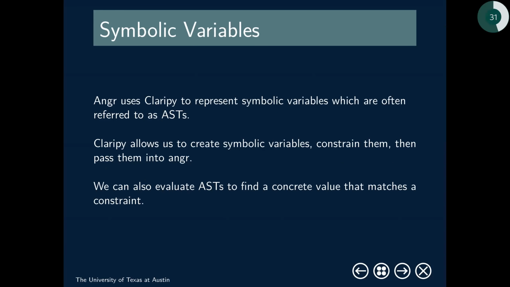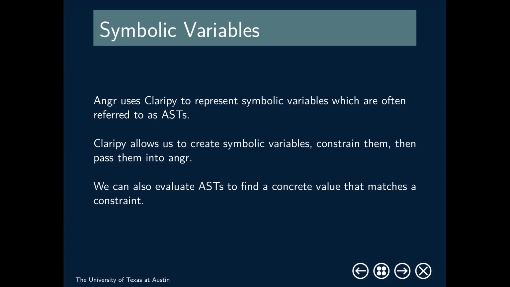Yeah, so the way that Angr actually does this is it uses another Python library called Claripy, and Claripy allows you to create symbolic variables. These are often referred to as ASTs. This is another term borrowed from compiler theory. There's reasons that it's called an AST, but we don't really care, so we're gonna skip it.